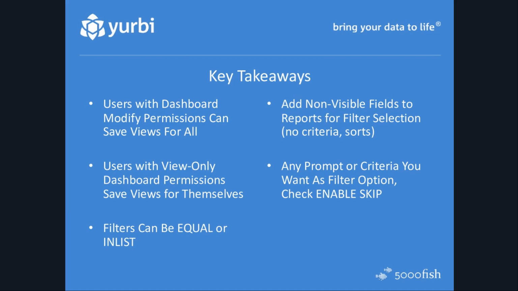The filters that can be used today are going to be your equal and your in list. Now, keep in mind that in both of those, anytime we display a drop down list or a multi-select list, out of the box, there's a limitation of 250 items in that drop down list.